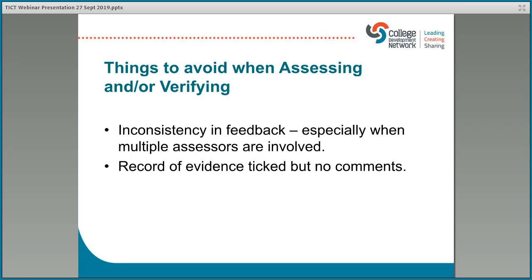So don't simply tick the checklists, but take a few minutes just to provide a few highlighted comments that will give us a little bit of indication about why you particularly reached those assessment decisions. That can also be something that will be very useful to support new members of staff who are involved in assessing TiCT for the first time.